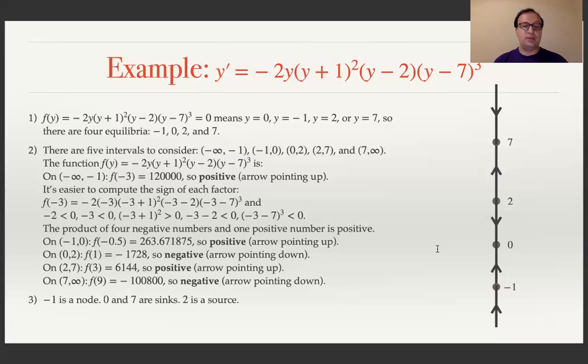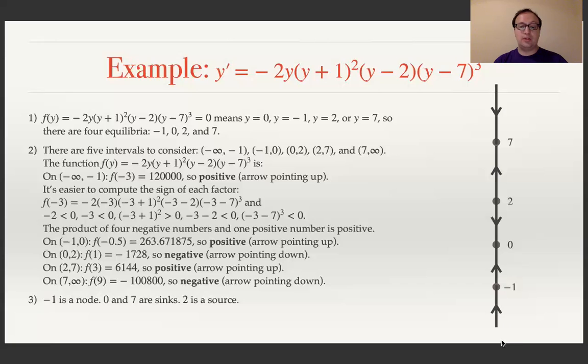And now let's again try to interpret it and read from it whether each equilibrium is stable or unstable. So -1, which is the smallest equilibrium, well, we have one arrow pointing towards it.